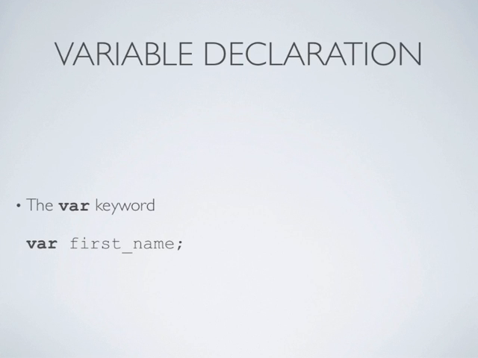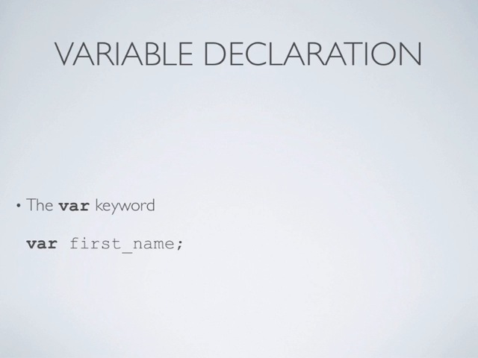Whenever we want to use a variable in JavaScript, we need to first declare that variable. Declaring a variable is basically us just telling the computer that we intend to use a variable of a particular name. To declare a variable in JavaScript, we use a special keyword called var, V-A-R. A keyword is simply a word that has a special meaning in a programming language.